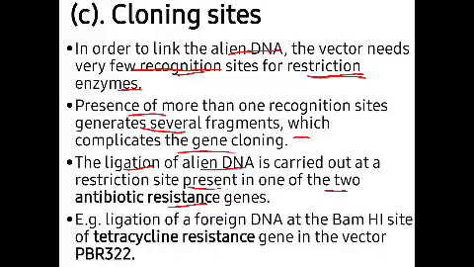So दुईटा antibiotic resistance genes हरु present हुन्छ PBR322 मा, तर यस मध्येमा चाहिँ एउटा resistance geneमा, maybe AMP R मा पनि हुनसक्छ TET R मा पनि हुनसक्छ, दुईटामा चाहिँ एउटा जुन चाहिँ यो gene छ, antibiotic resistance geneमा चाहिँ this ligation of the alien DNA.